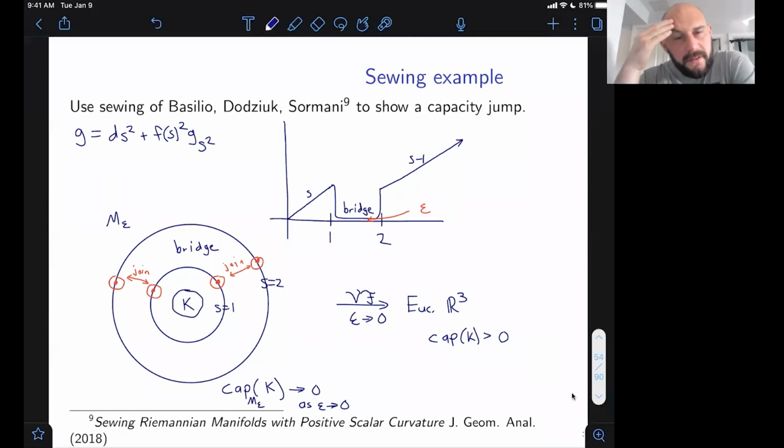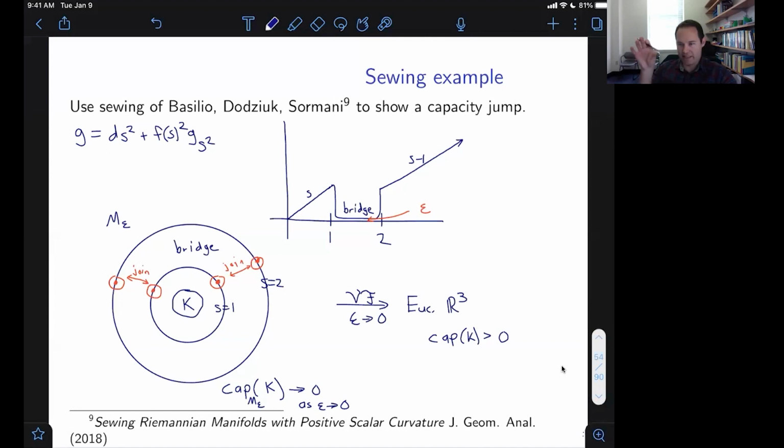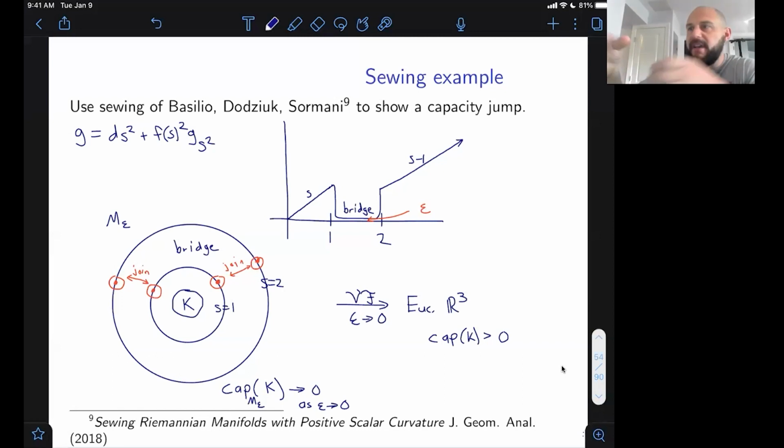Can I ask a question, Jeff? Yeah, sure thing, Brian. I'm confused. Maybe I missed some subtle thing here, but why isn't it converging to Euclidean space with like a sphere attached to a point when you do this? Okay. Oh, you mean like a sphere that's tangent to a point, something like that? Yeah, because I thought the bridge is being pulled to a point or something.